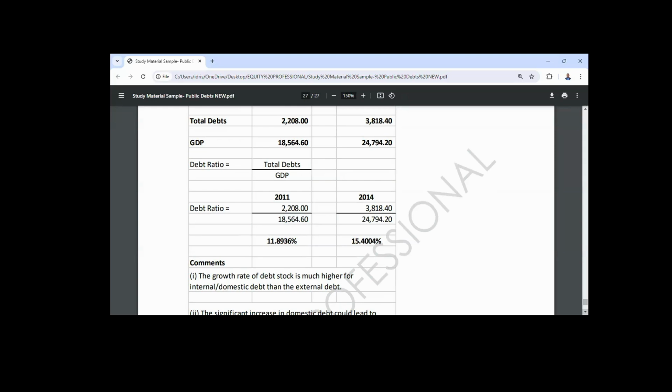You can see that your debt ratio from 2011 to 2014 increased from 11.8936% to 15.4004%.